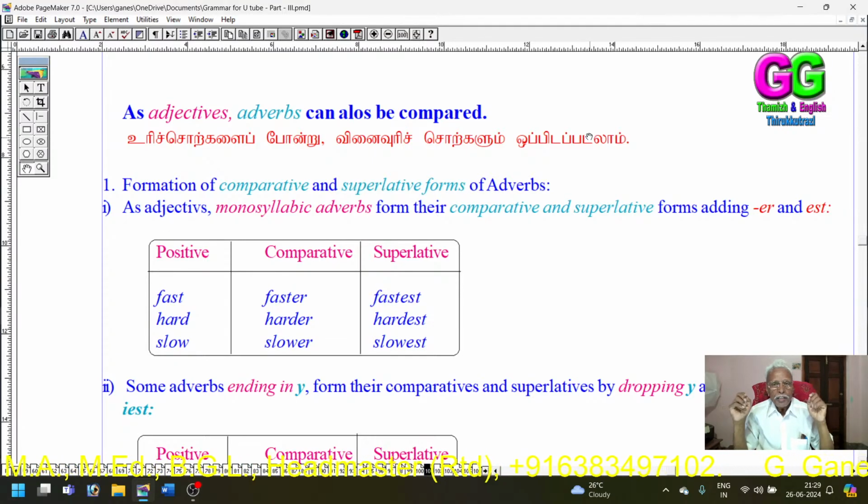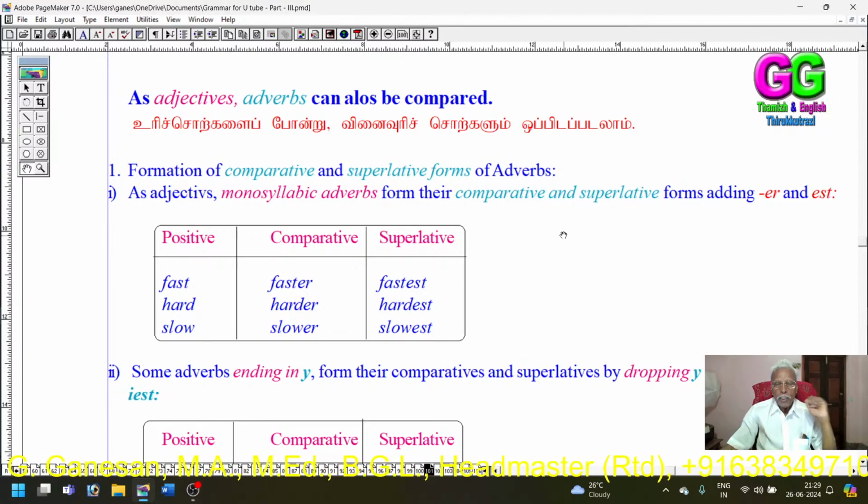We have already seen how adjectives form their comparative and superlative forms. We have seen some 5 rules. Here, how adverbs form their comparative and superlative forms. Come, let us see them. Rule 1.